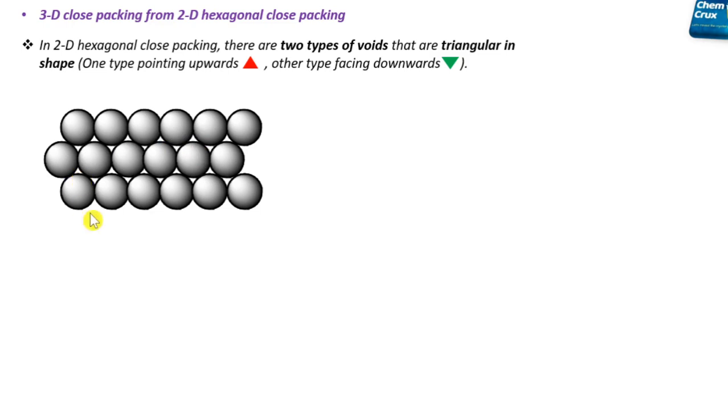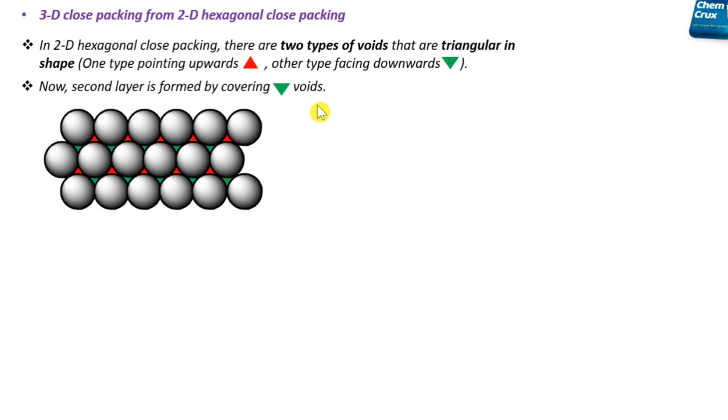So we can see two types of voids. One is the red colored voids, that is the triangle pointing upwards, and the other is the green colored voids, that is the triangle pointing downwards. Now we will form the second layer by covering the green colored voids.